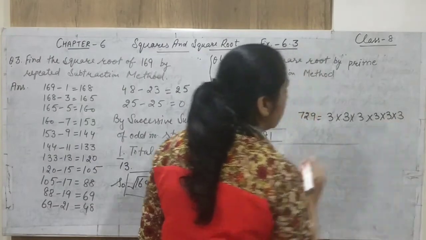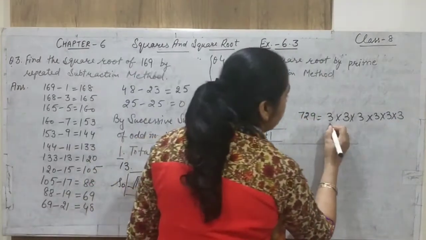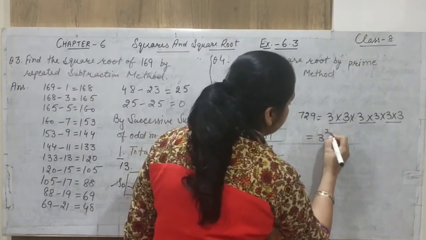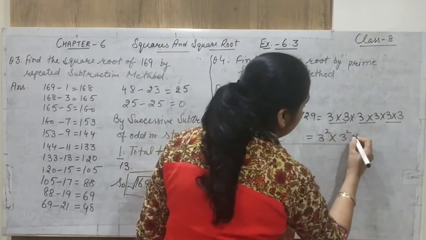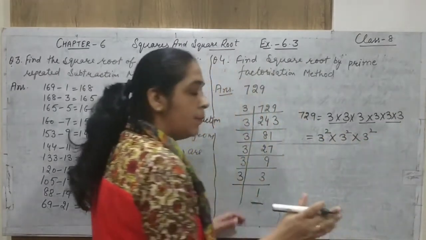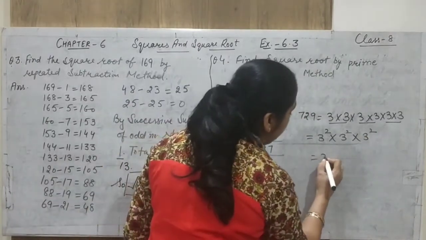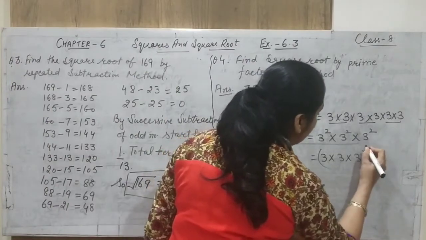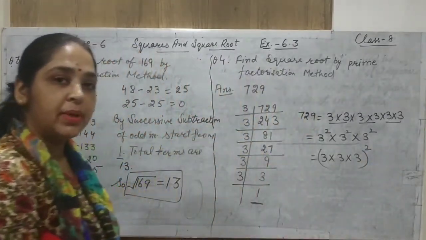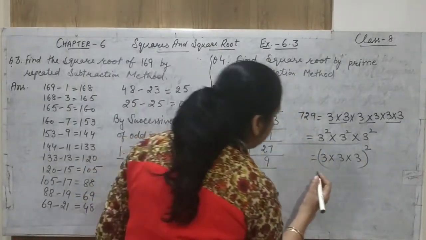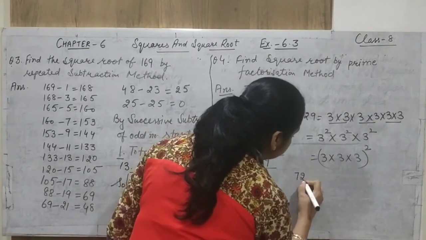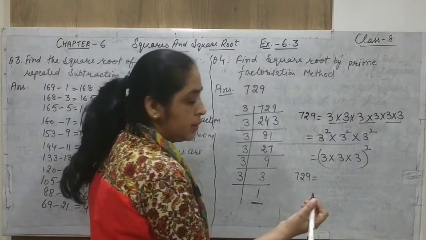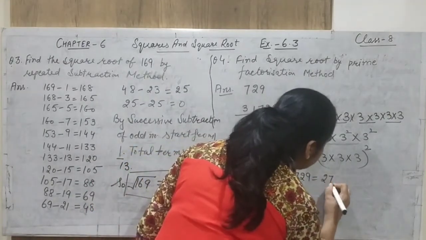What is the next step? Make pairs of these numbers and we can write 3 square, 3 square and 3 square. Now compile all the multiplication, with the square placed at the top. What do we get here? 3 multiplied by 3 is 9, 9 times 3 is 27.